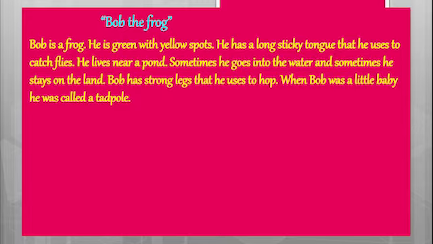Students, have you ever seen a tadpole? A tadpole is a small black creature with a large head and long tail that lives in water and then develops into a frog. You'll see the picture in the next slide.